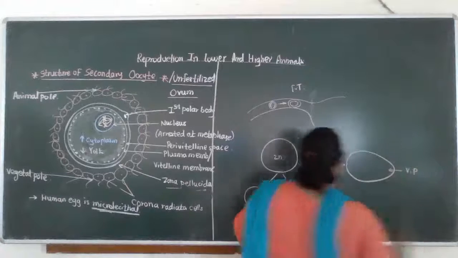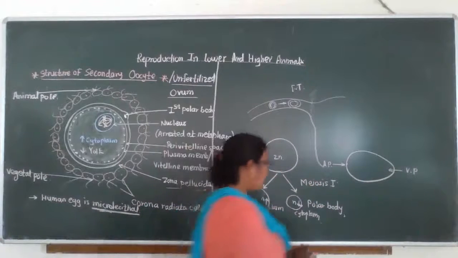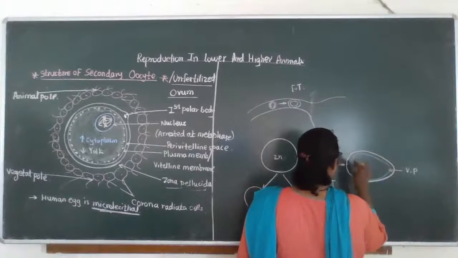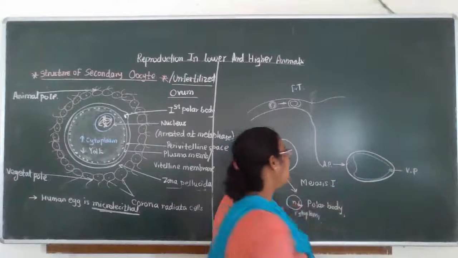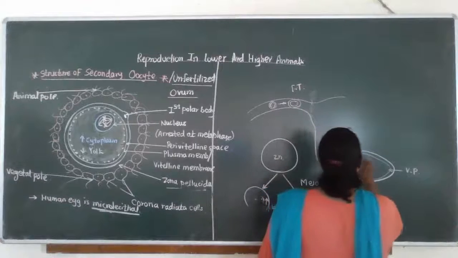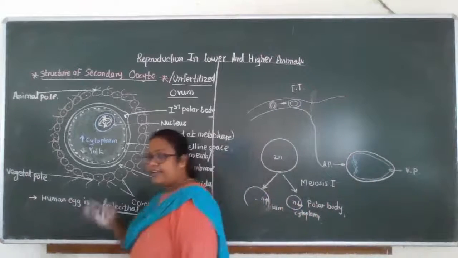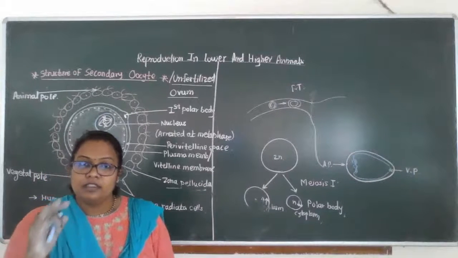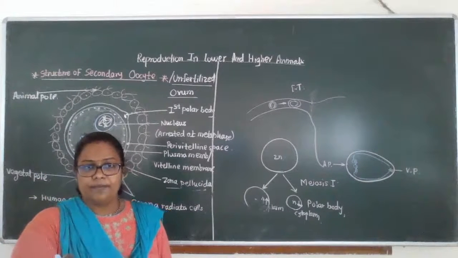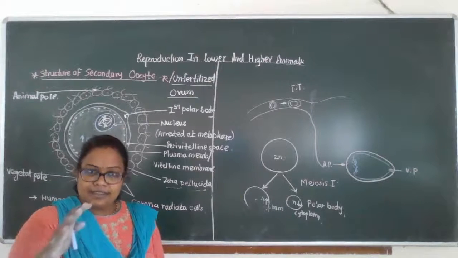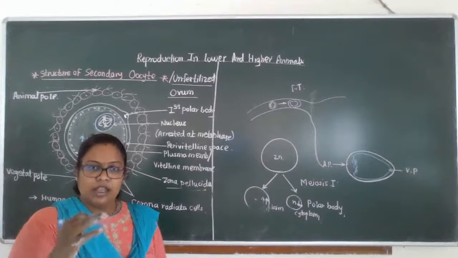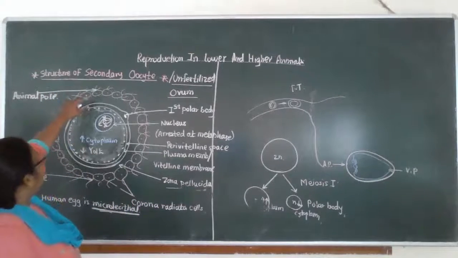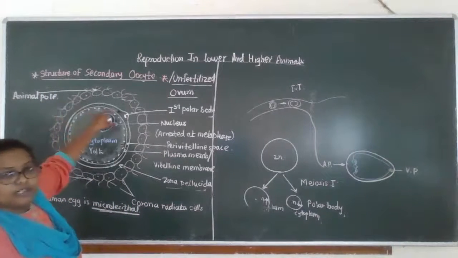If you see the inner side, here is the air space cavity, and the embryo formation takes place at this site. So in every egg, the animal pole is where the embryo development takes place.